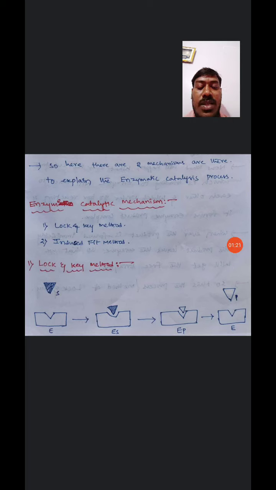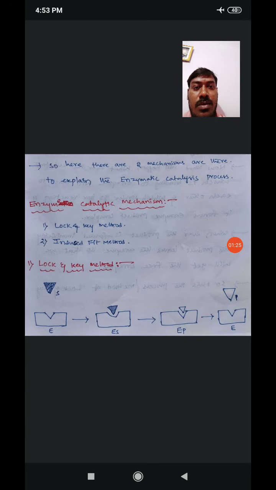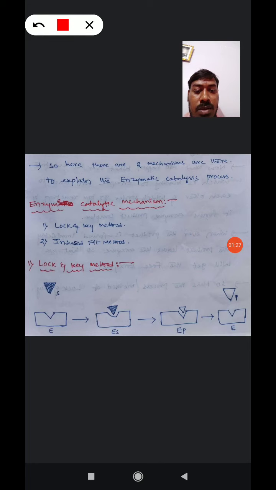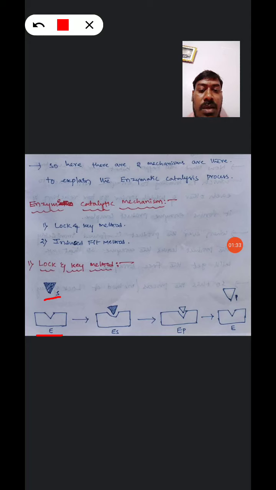So in this method, this is the enzyme and this is a substrate, and the substrate binds with or attaches to the enzyme, and it forms the enzyme substrate complex.